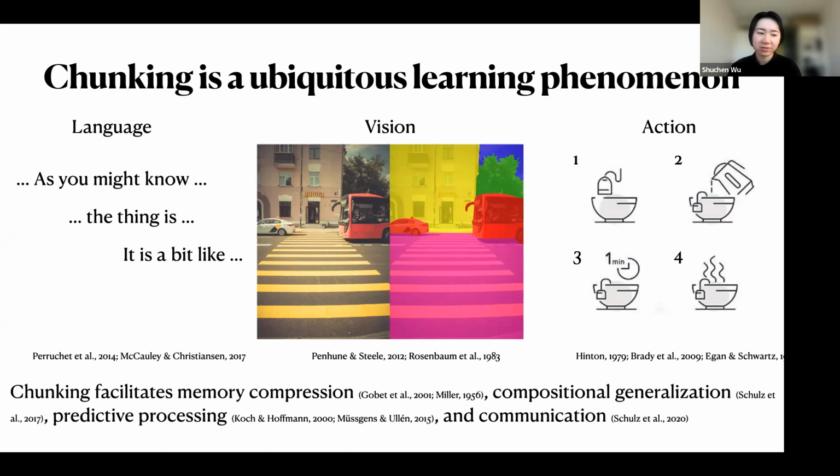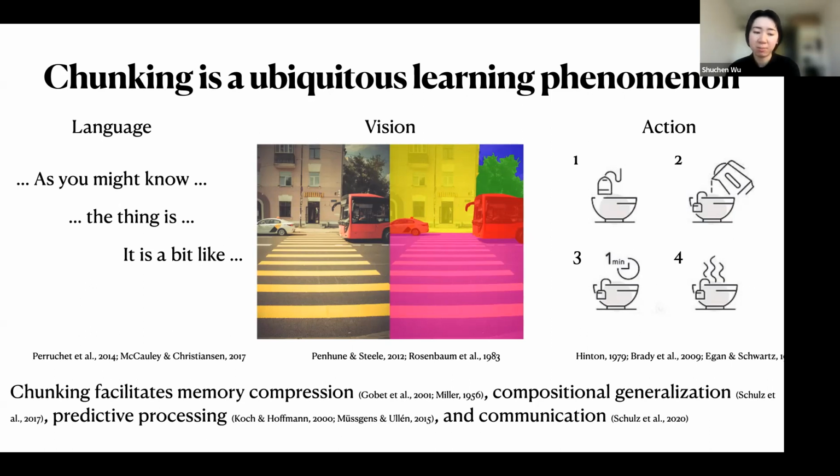So in cognitive science, people have suggested that chunking facilitates memory compression. Storing several chunks in your short-term memory can enable you to remember longer sequences. It also helps with compositional generalization: when we know how things are related in one place and go to a novel place, we can transfer some of our knowledge.